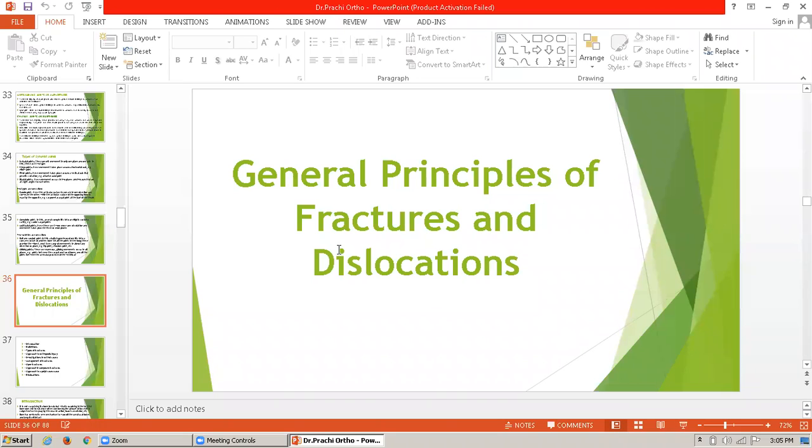We learned last week about the general principles of fractures and dislocation.